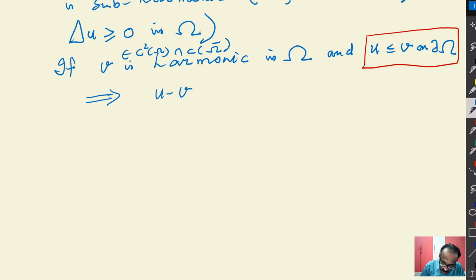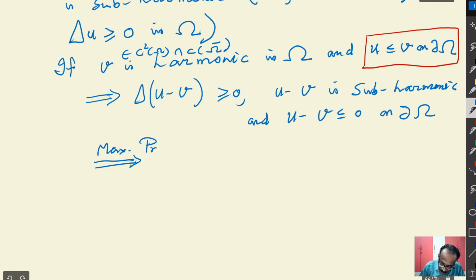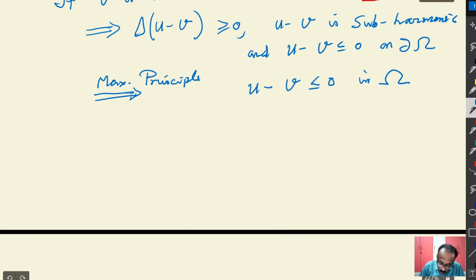u is sub-harmonic, and the Laplacian of v equals 0 because v is harmonic, so u minus v is sub-harmonic, and u minus v is less than or equal to 0 on the boundary of omega. Applying the maximum principle, because the maximum cannot be in the interior, u minus v is less than or equal to 0 in omega, that is, u less than or equal to v in omega.